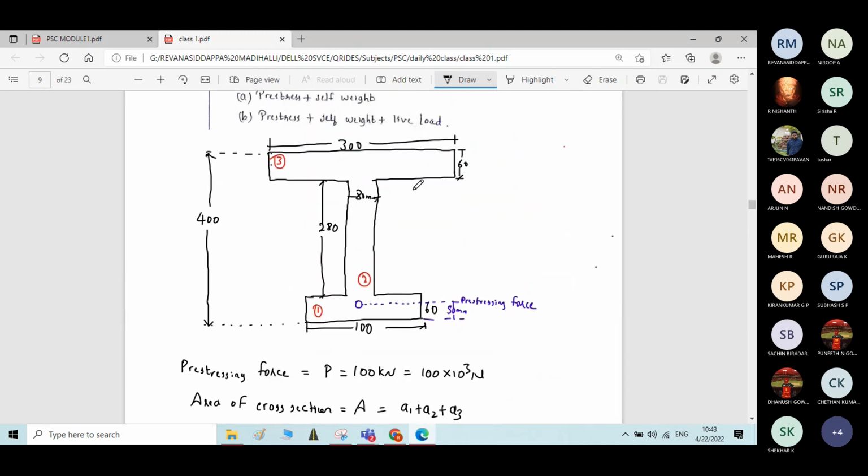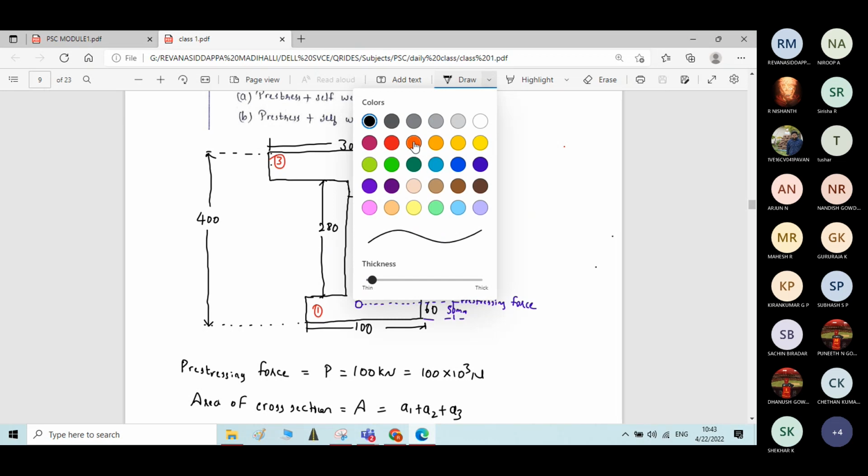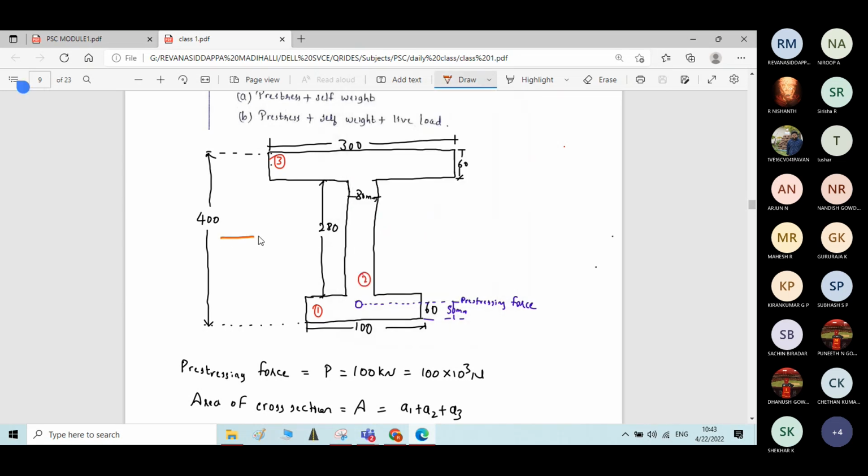Here you can see that whatever the section given, it is not symmetric about x-axis. Am I right, students? If I write the centroidal x-axis here, it is not dividing the figure into two equal parts.